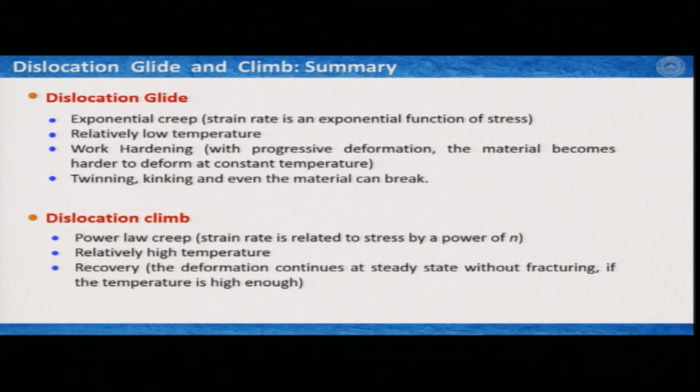To do the climb it requires more stress, therefore work hardening is a characteristic of dislocation glide. Microstructurally it is characterized by twinning, kinking, and if you force it, because you are applying work hardening, you can even produce a fracture.